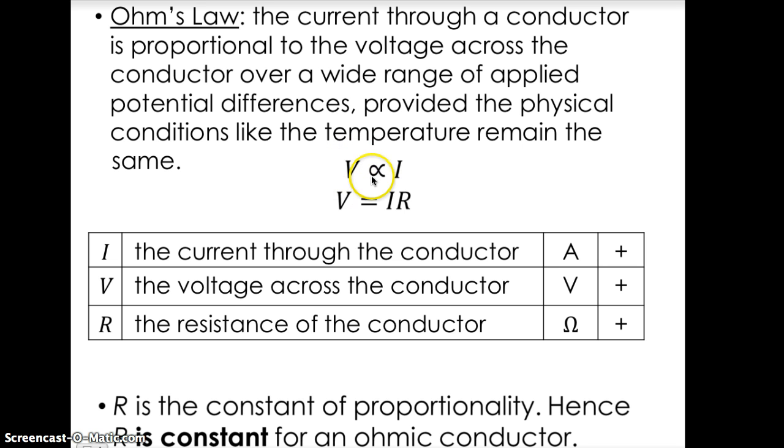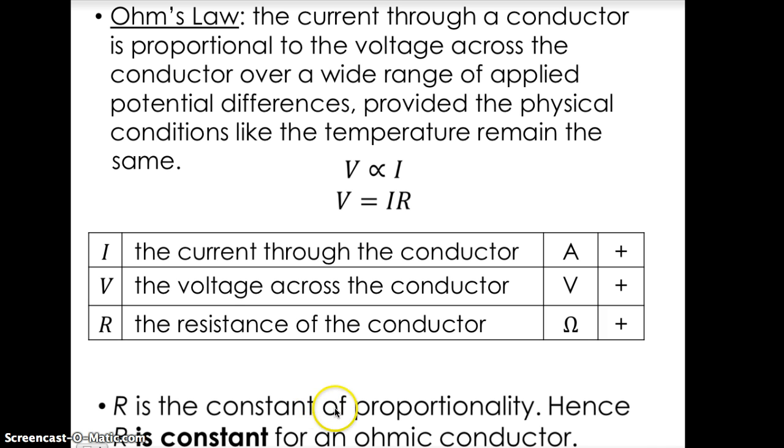So here's what Ohm's Law says. It says that V is proportional to I, right? Which means that they are related by a constant. If you were to work out the units, you would see that the constant has units of ohms, and in fact, the constant is resistance, R. So if these things are proportional, then the constant of proportionality, R, is a constant.